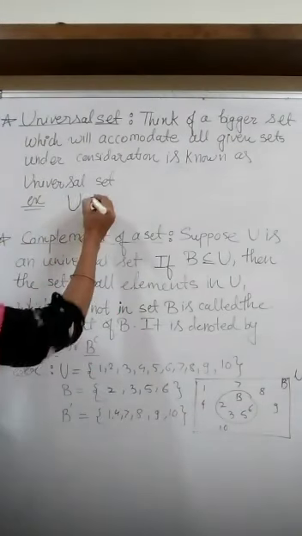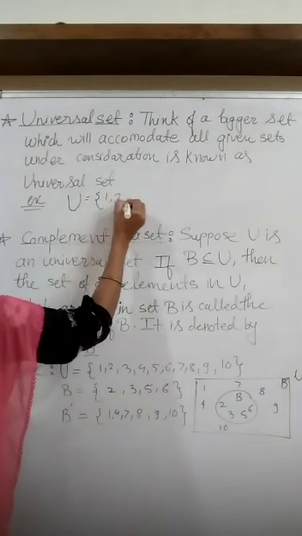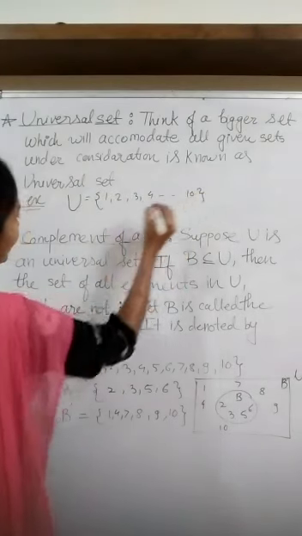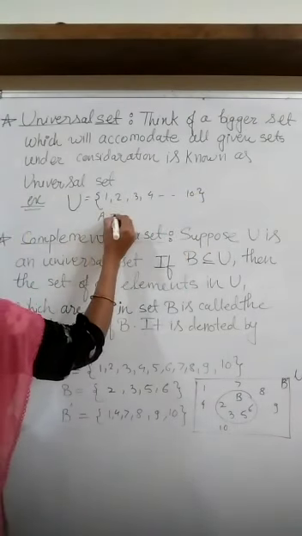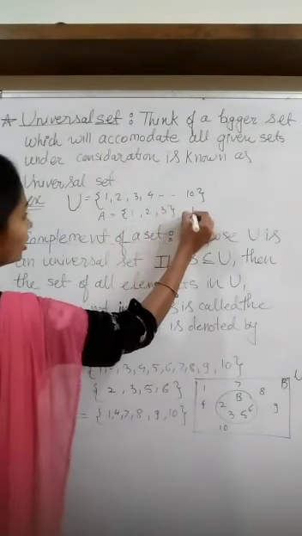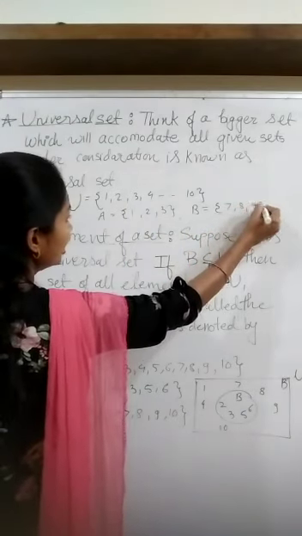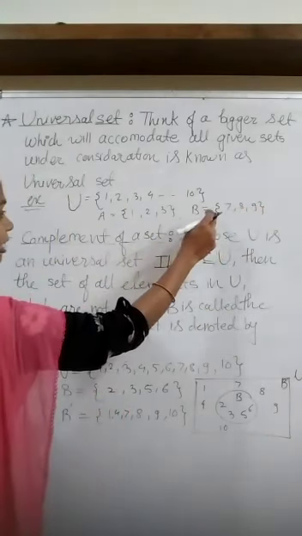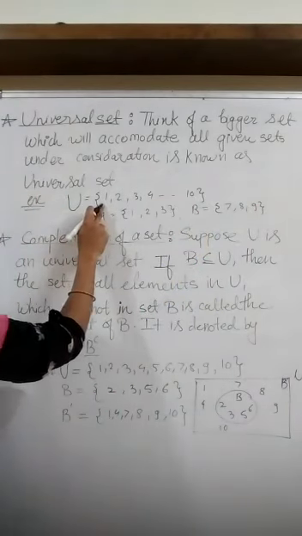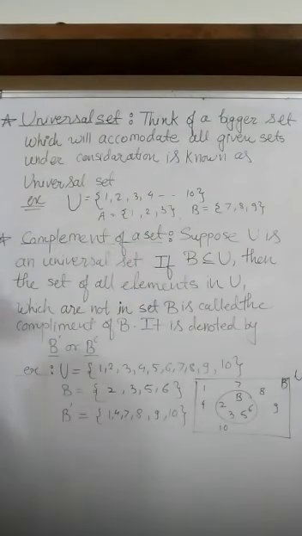Now, for example, suppose the universal set has the numbers 1, 2, 3, 4 up to 10, and set A has the elements 1, 2, 3, and the set B has the elements 7, 8, 9. It means that for the set A and the set B, the universal set will have the numbers from 1 to 10. So that is nothing but the universal set.